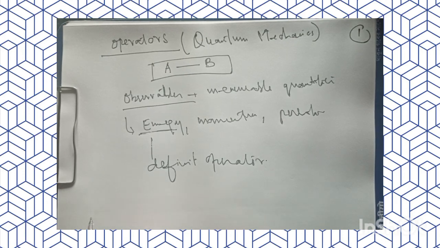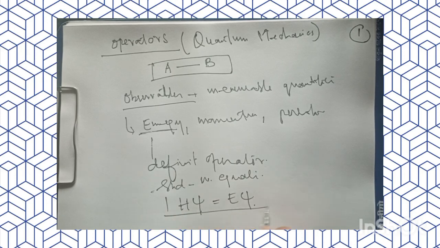Now, to move on from here, if I take Schrodinger's wave equation, I can write down H psi is equal to E psi. Now, this H refers to the Hamiltonian, and this E refers to the energy; in actual sense, we call it the energy eigenvalue.